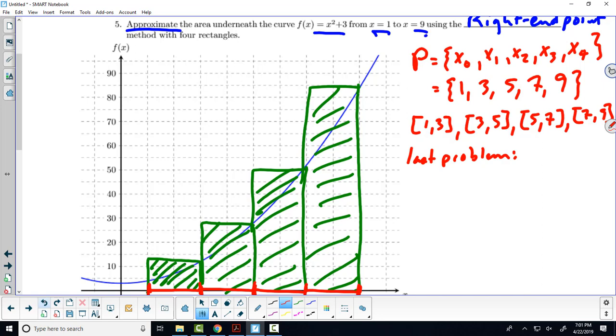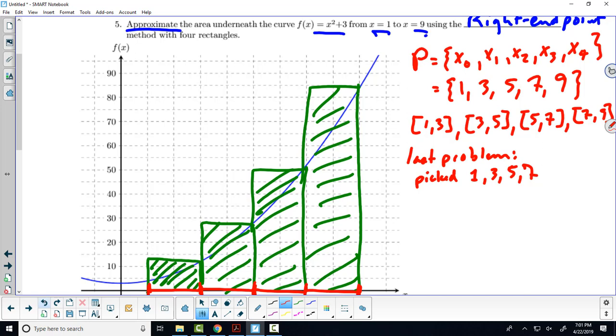In the last problem, what did we do? We picked 1, 3, 5, and 7 to evaluate in the function. Which values did we pick? We picked the left endpoint for each of those intervals.